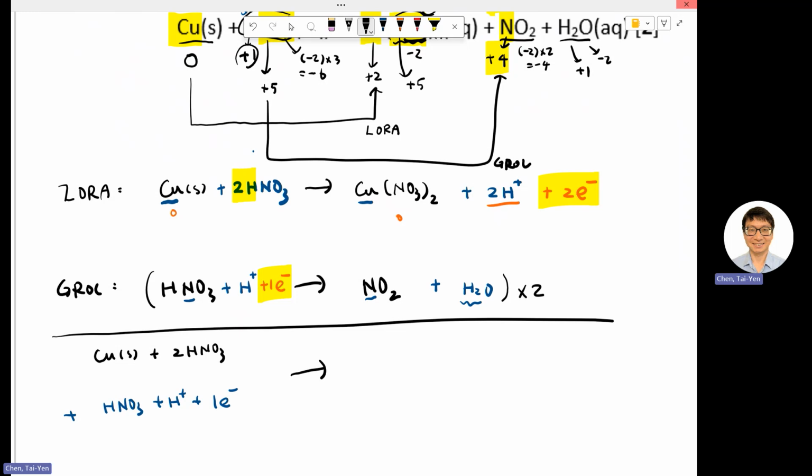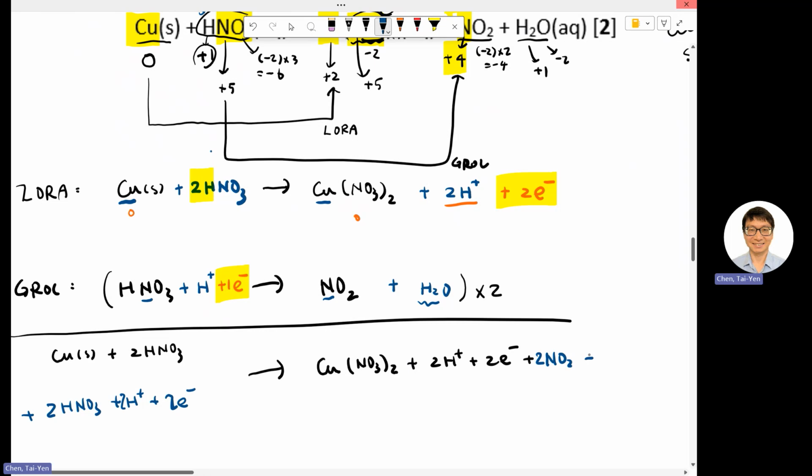And then you're going to get Cu(NO3)2 plus 2H+ plus 2 electrons plus 2 NO2, sorry. So here should be 2HNO3, 2H+, 2 electrons, 2 NO2 plus 2 H2O.